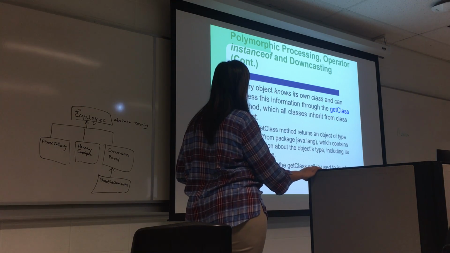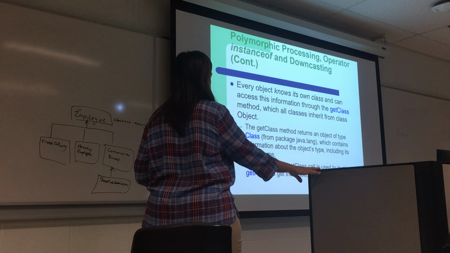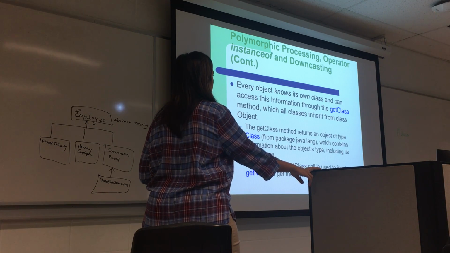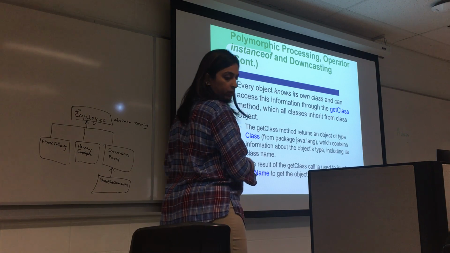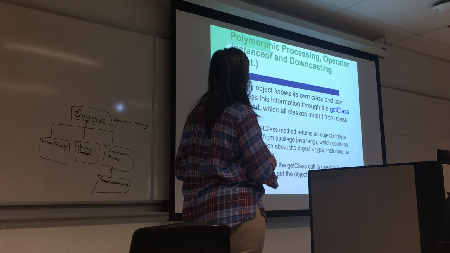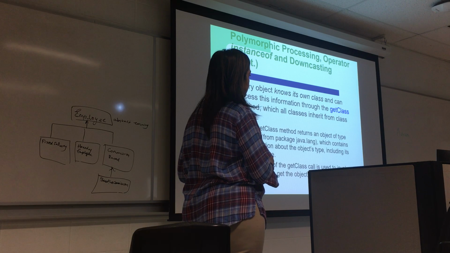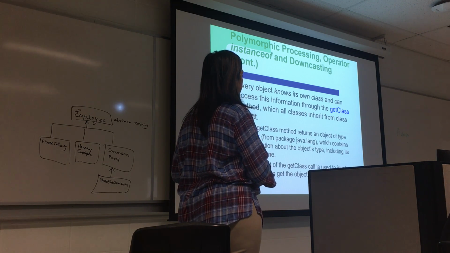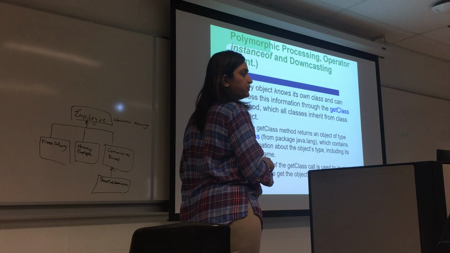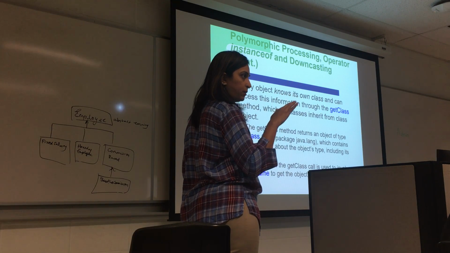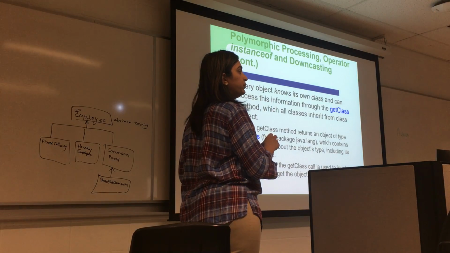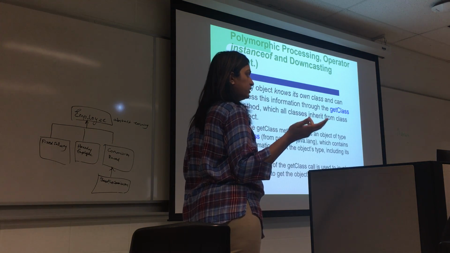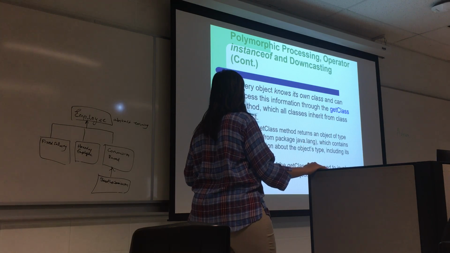Now for polymorphic processing, there is the instanceof operator and downcasting. Every object should know what its class is, and it can get that information using the getClass method. This method is available from the Object class, which is at the top of the hierarchy. So if you want to know the class of a particular object, you just call the getClass method.